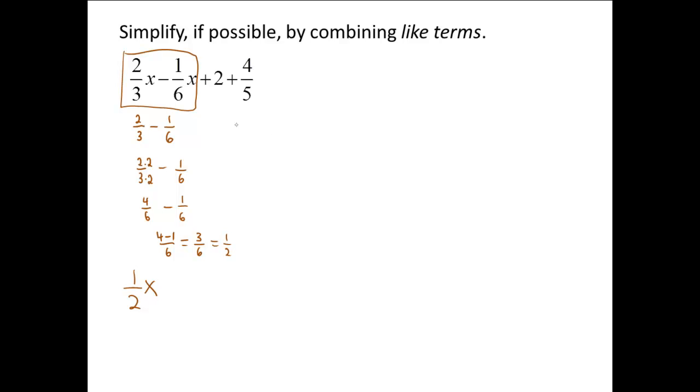2 plus 4/5, these are constant terms, they are like each other. We now add those together. 2 we can write as 2 divided by 1 plus 4 divided by 5. Common denominator is 5. So 2 is the same thing as 10 divided by 5 plus, second fraction has a denominator of 5 already, we don't alter it.